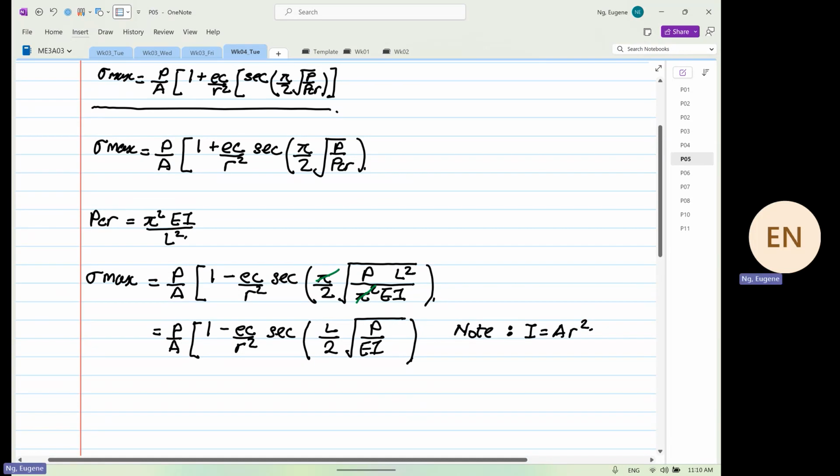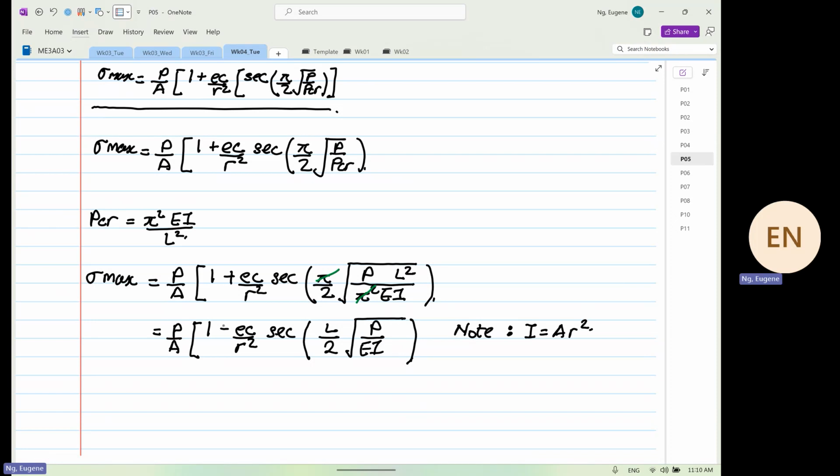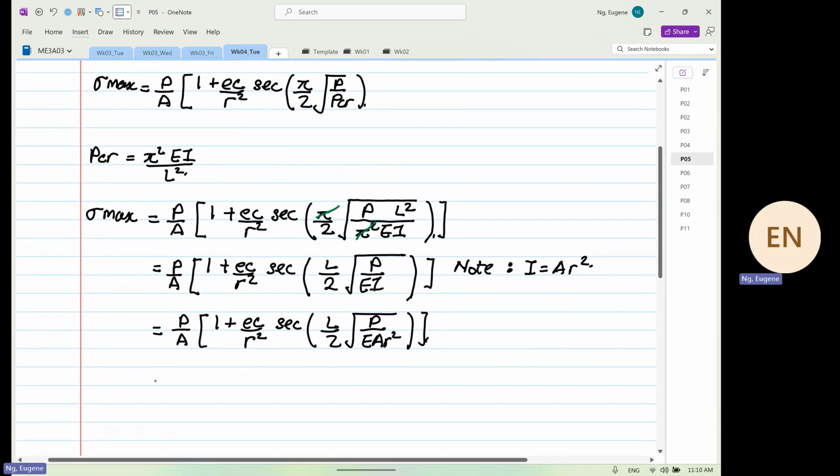Did I? Oh, it's positive. Thank you. So from here, we have P. Thank you so much for telling me. Okay. It's 1 plus EC over R squared secant L over 2, and then P over E A R squared. And then we close another bracket. And then finally, we have this relationship that we will be using.